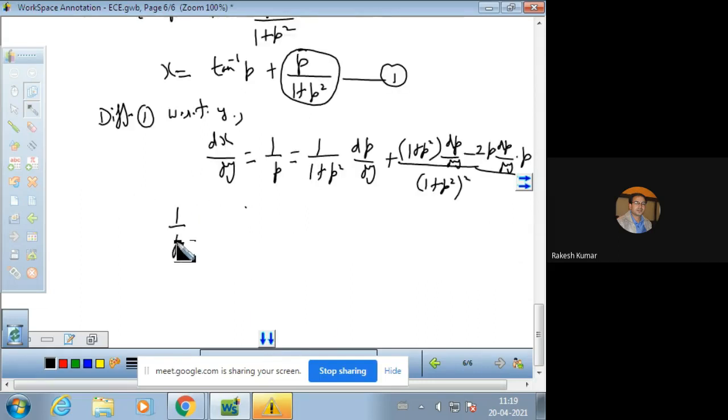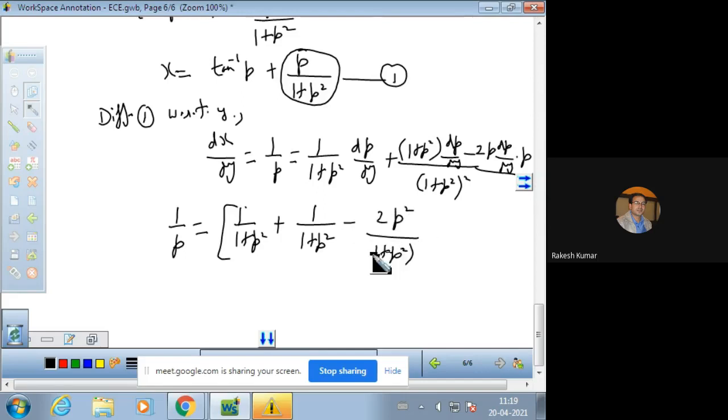Let us simplify it more. So the left hand side can be kept as it is. And 1 over 1 plus p square, this term, plus 1 over 1 plus p square, because this factor is raised to power 2. So minus 2p square over 1 plus p square whole square dp over dy can be taken common.